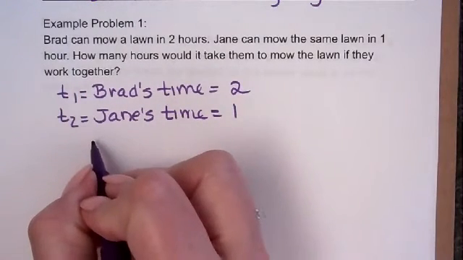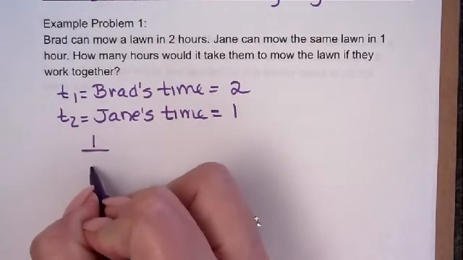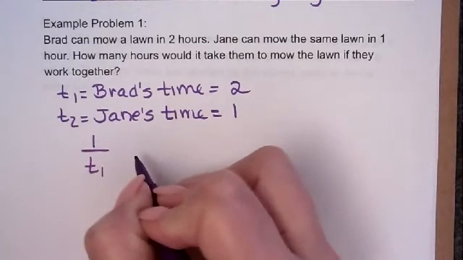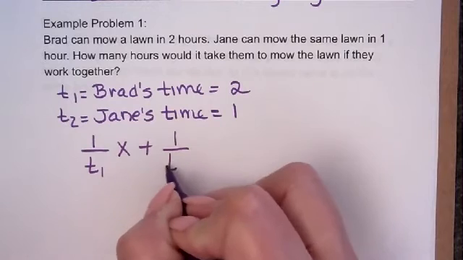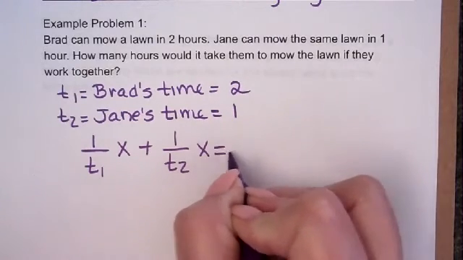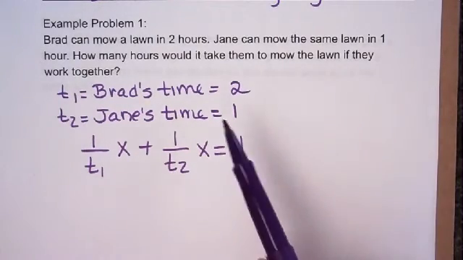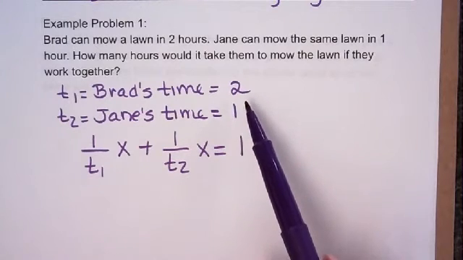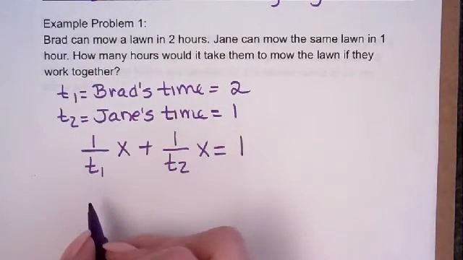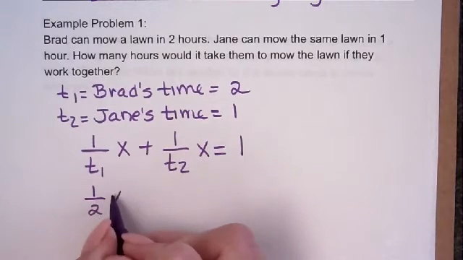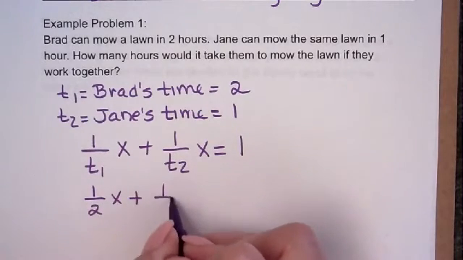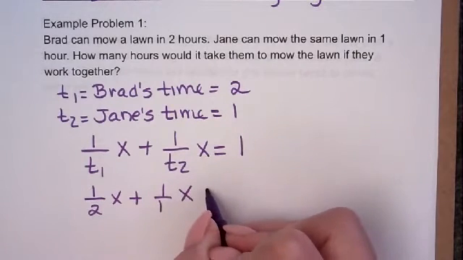So always when we're using a formula, we're going to write that formula down. Now we're going to substitute the numbers we have in the appropriate spot. So we're going to have 1/2 x plus 1 over 1 x equal to 1.